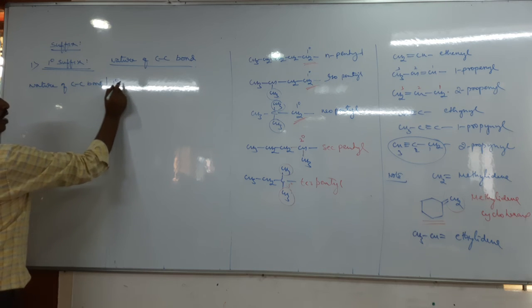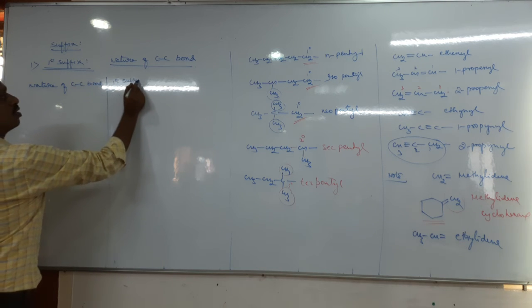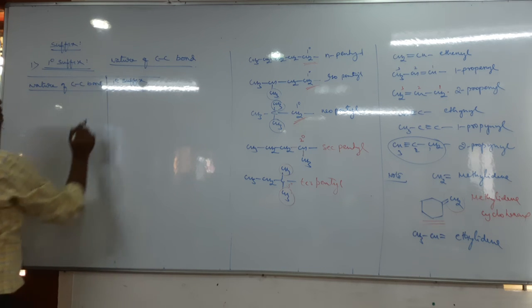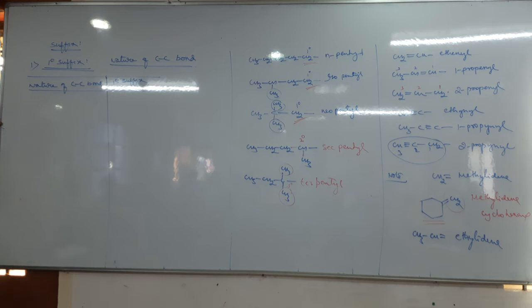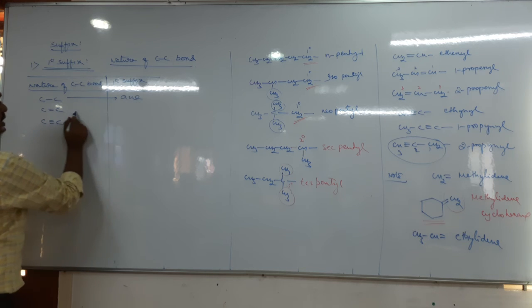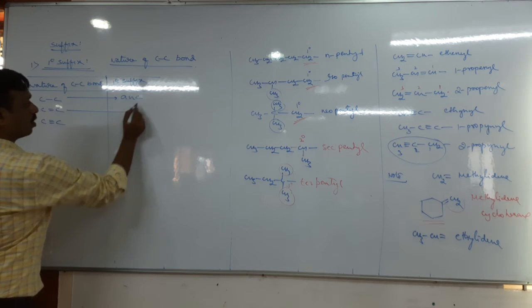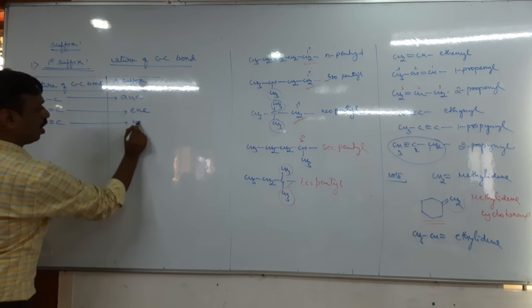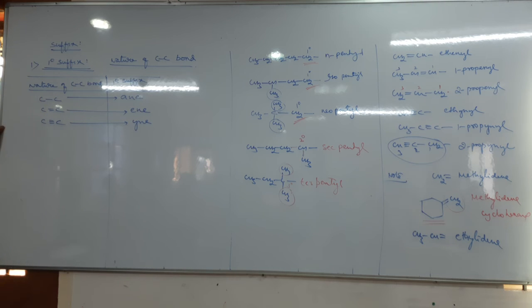So nature of CC bond and primary suffix. If the carbon-carbon bond is a single bond, double bond, or triple bond, tell me, if it is a carbon-carbon single bond, what is the primary suffix? Ane, A-N-E, ane, alkane. It is ene for a double bond. Triple bond, yne. Ane, ene, yne.